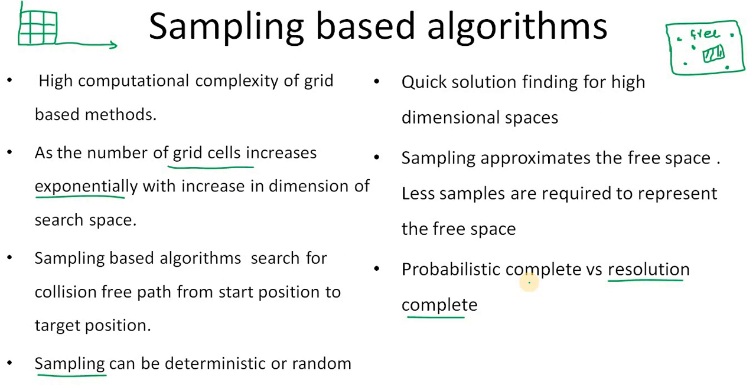On the other hand, resolution complete means if the resolution of the grid is small enough, then there is a guarantee that your path planning algorithm will find the shortest path or the solution. So probabilistic complete depends upon more samples to find the solution, and resolution complete requires a fine grid, a greater number of cells, to find the shortest path.